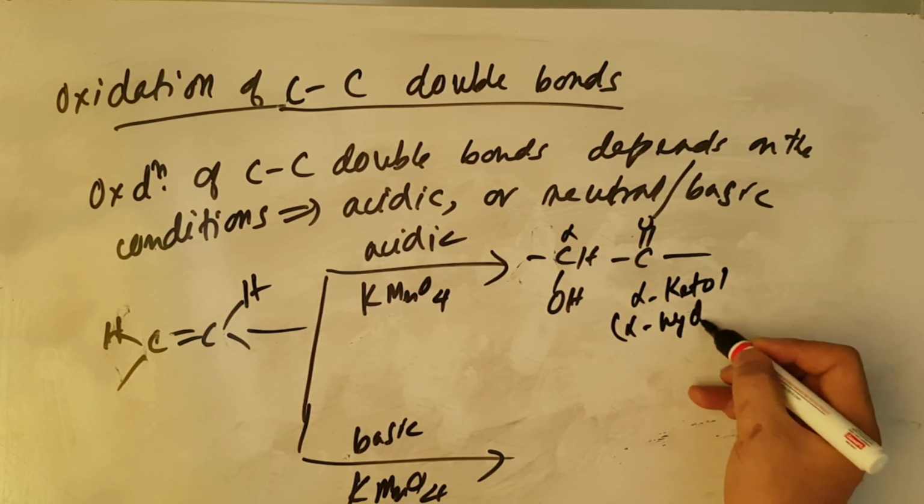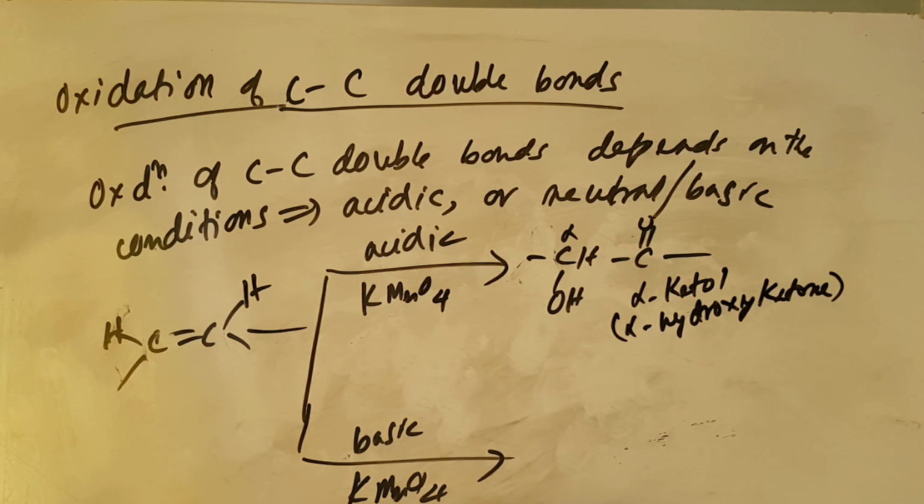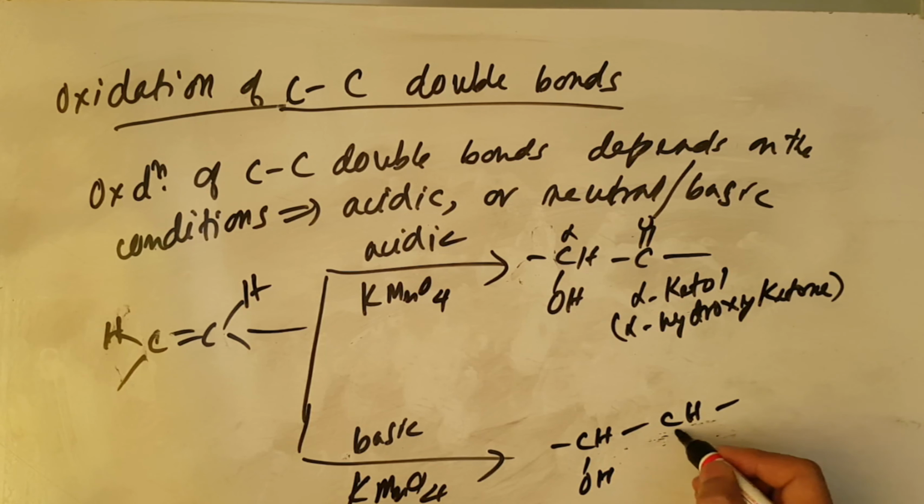But in the case of basic conditions, you have CH 1,2 diols, you can say 1,2 diols.